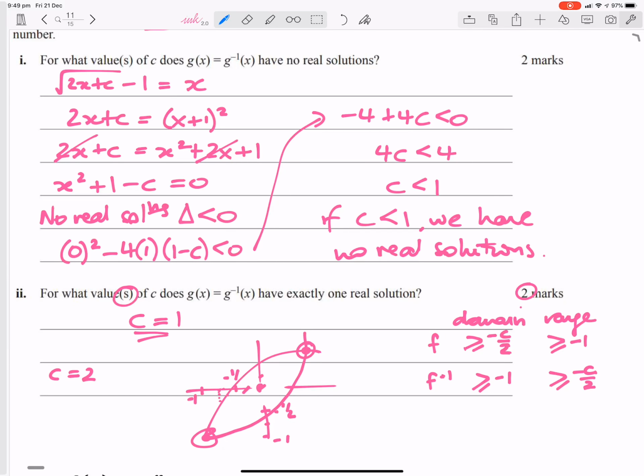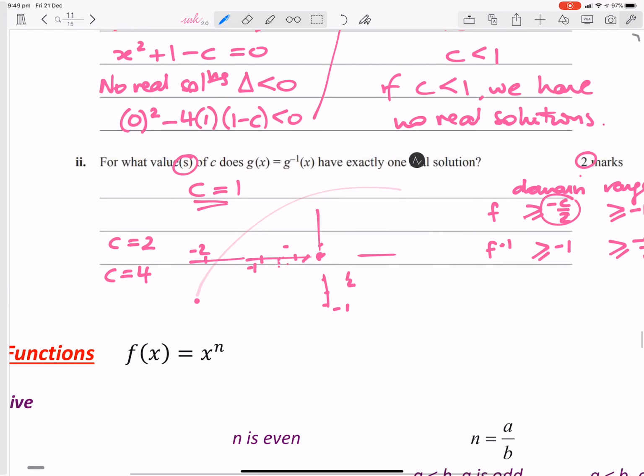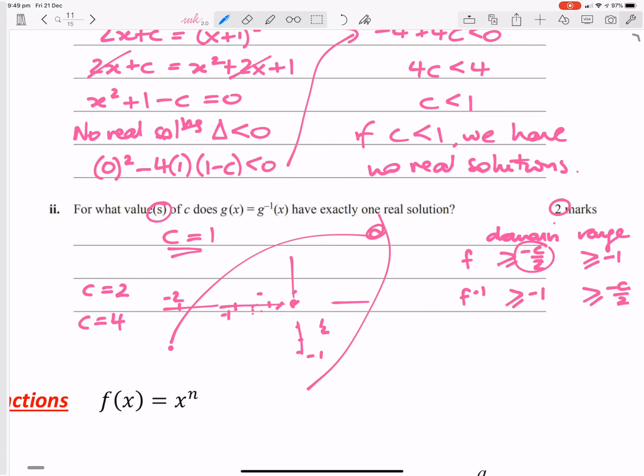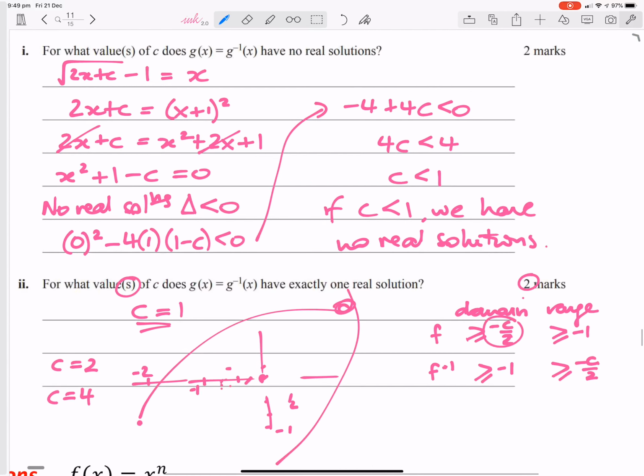But then if I let c equal 4, we would get negative 2, negative 1, and over here negative 2, negative 1, so that's going to look like that, and that's going to look like that. So you can see there's only 1 point of intersection now.